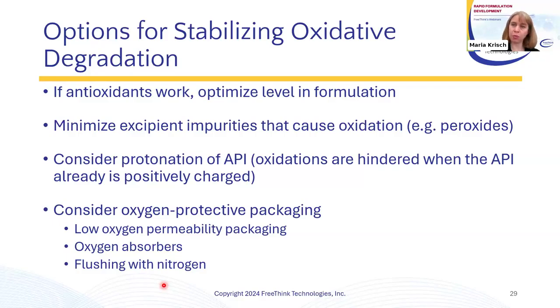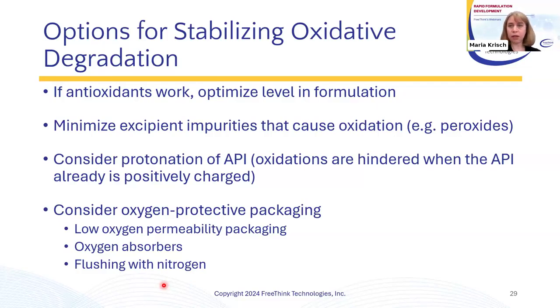So you use some way to get the oxygen inside the packaging low, and then the packaging, if it's protective, will keep the oxygen from coming back in. So again, these are ways to think about specifically dealing with oxidative reactions in the context of a formulation screen. And as I said, there may be cases where you actually start with a full formulation and the screen is really adding antioxidants to it.